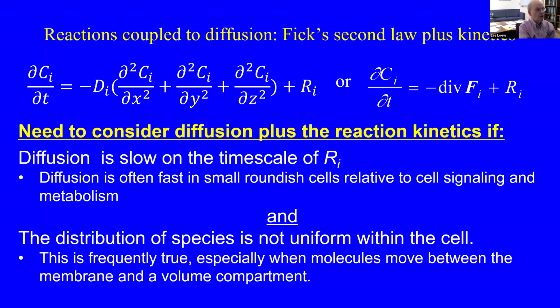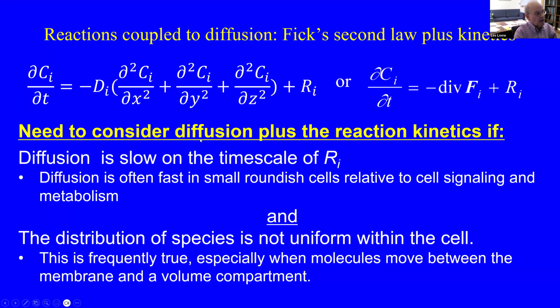Then you have to solve what's called a reaction diffusion equation, where you solve for the concentration as a function of time of every molecule I by writing down equations like this, or having the software solve them for you. And here R sub I is just the rate at which molecule I changes because of reactions. Okay.